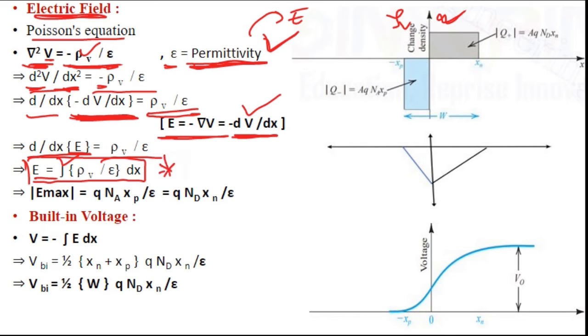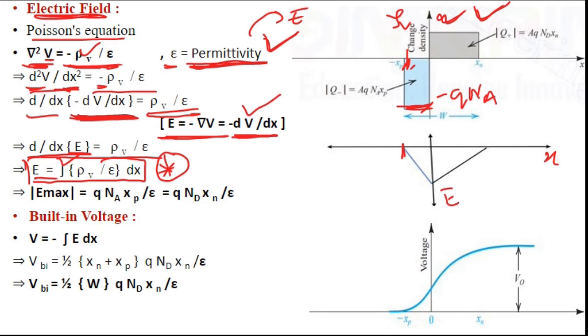So this is an equation which we will now use to plot a graph between the electric field and the length of the semiconductor, that is x. With respect to this curve, with respect to rho V, we can see that at Xp the graph is increasing and reaching a maximum level, remaining constant, which will be equal to minus q times Na.